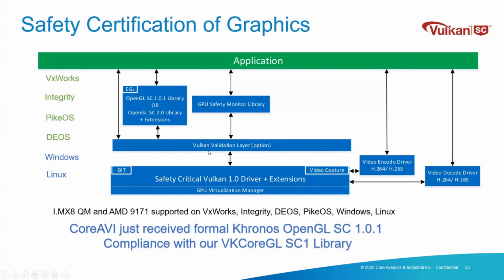We could also have a Vulkan validation layer, which is probably going to be used only for high levels of safety certification to ensure that the interface from the application is meeting the Vulkan API standard. And of course, we have the safety critical Vulkan driver, we have the video capture unit, and we have encode decode. This is also supported on i.MX8 and AMD E9171 on a wide variety of OSs.